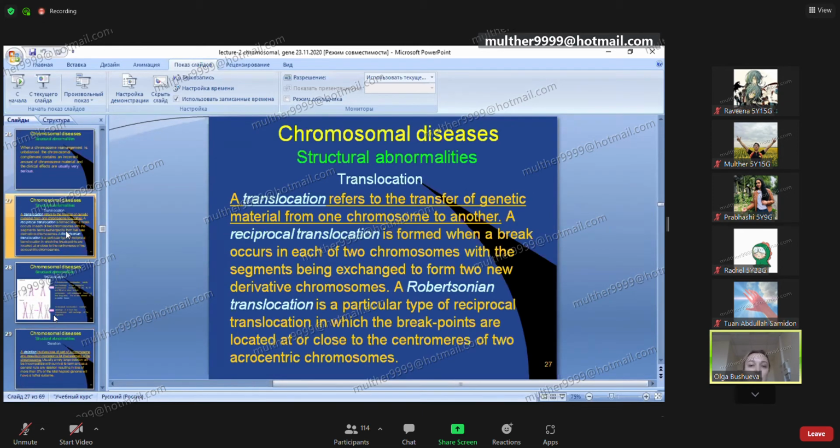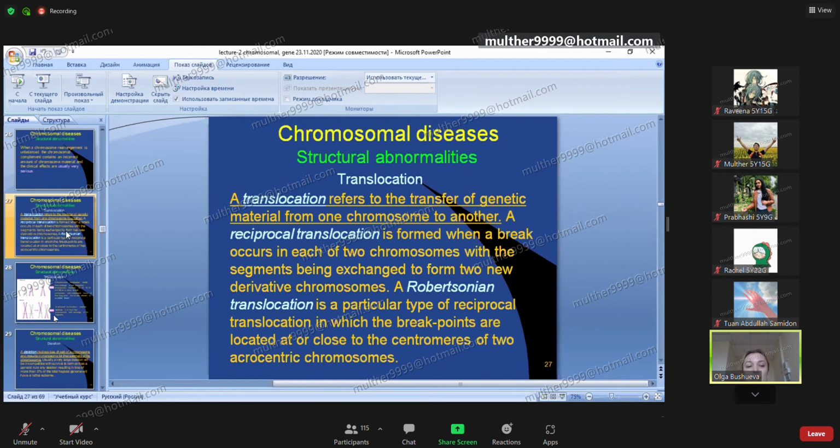A translocation refers to the transfer of genetic material from one chromosome to another. A reciprocal translocation is formed when a break occurs in each of 2 chromosomes, with the segments being exchanged to form new derivative chromosomes.